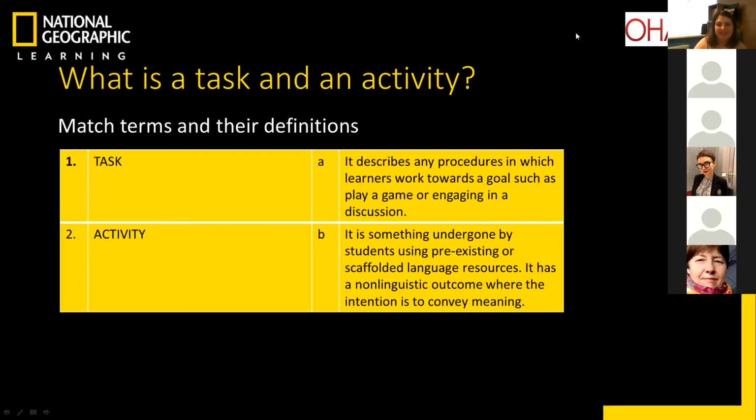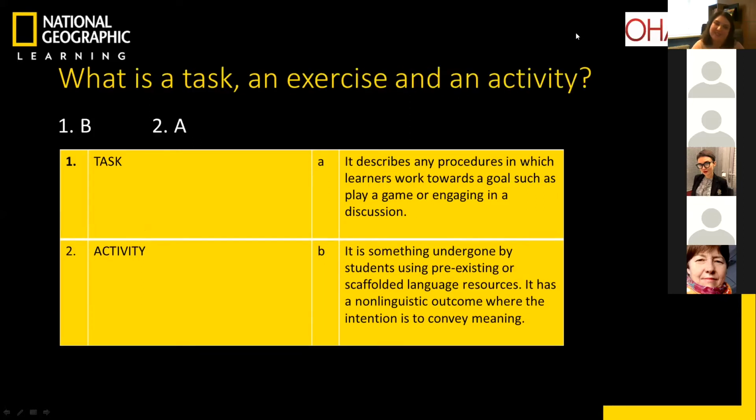Okay. Well, I guess this task is not that challenging. One is B, two is A. In other words, a task is something the students do using their pre-existing scaffolded language resources.